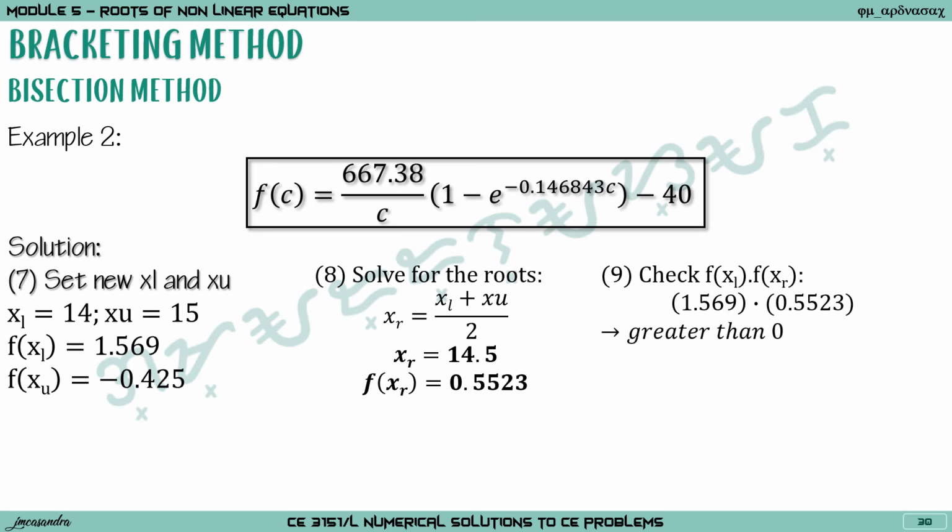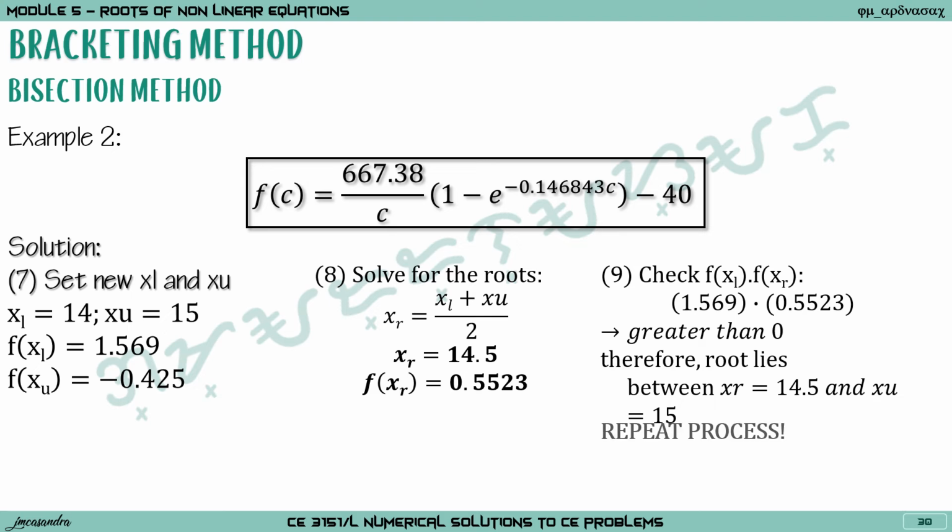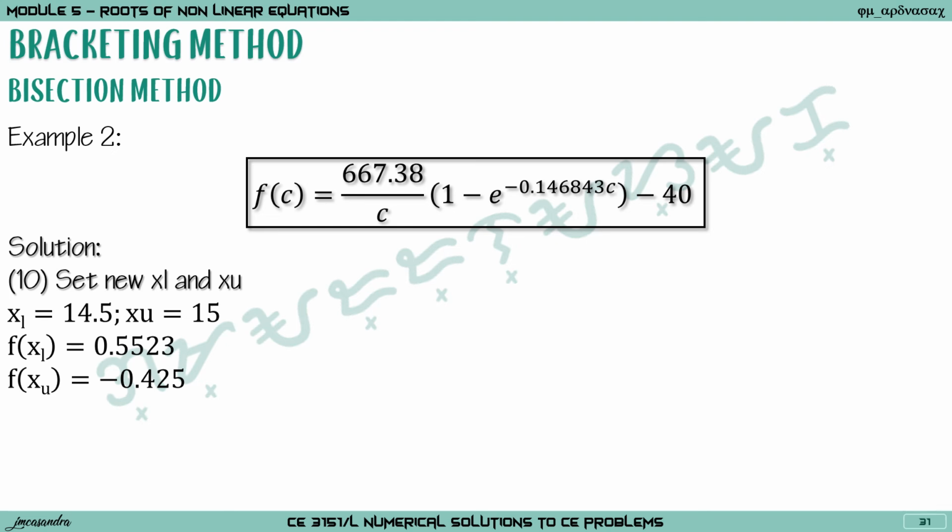So it's greater than 0, meaning the root will lie between xr and xu. So again, repeat our process. So the new limit is 14.5, which was our xr a while ago. xu is 15. So compute for xl and xu. Solve for the approximate root.